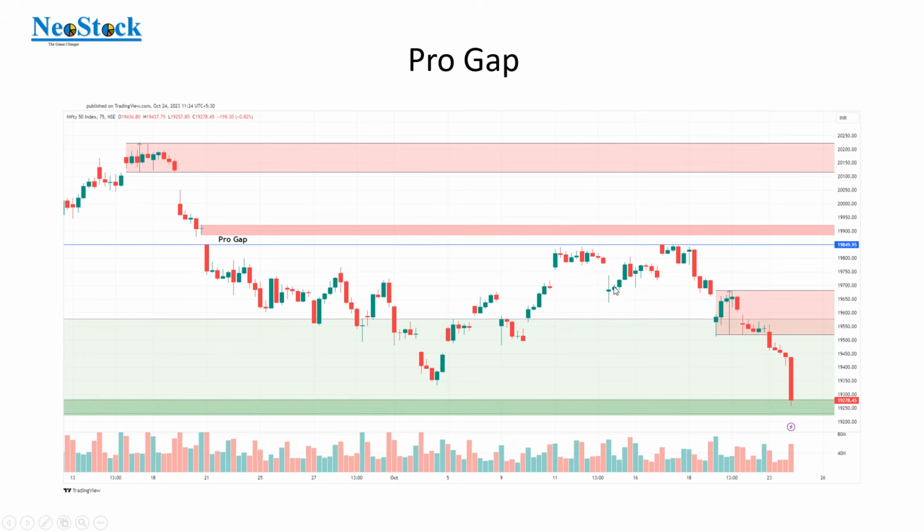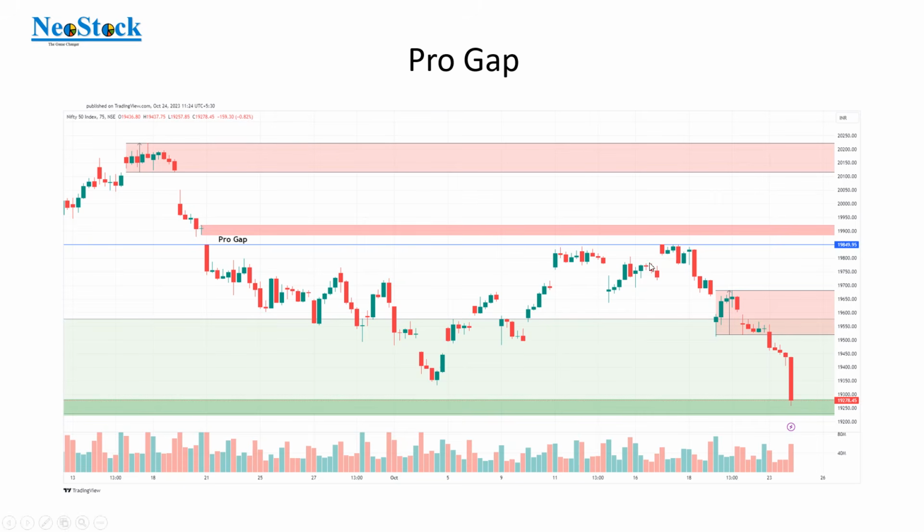It pushed the price down. Next time again when price was just about to enter into this professional gap area, the professional gap pushed the prices down, and then it went up to the next demand zone.